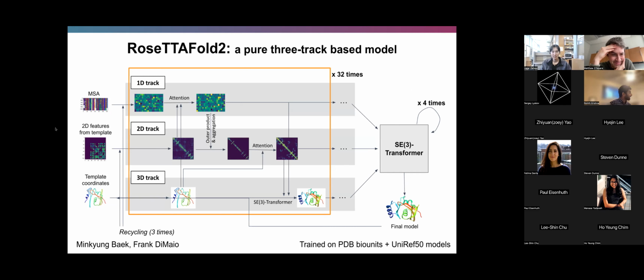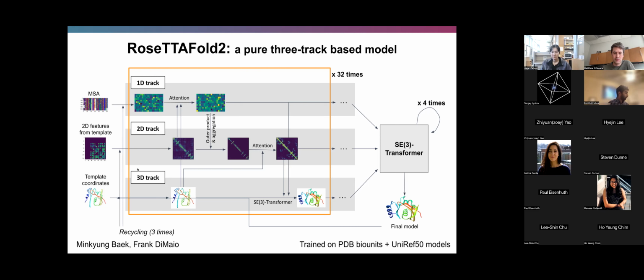But basically, this model has 3 tracks. So there's 3 sets of representations that are updated iteratively over many, many blocks, right? The first is this 1D track, which takes multiple sequence alignment information and performs column-wise and row-wise attention operations on it to update it.